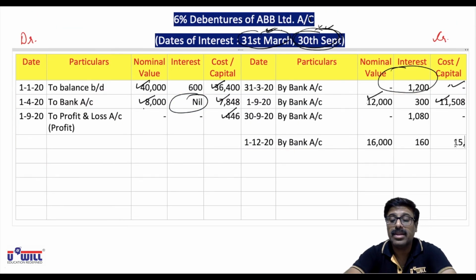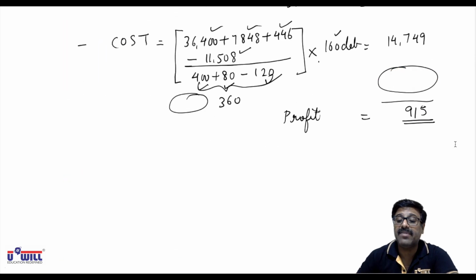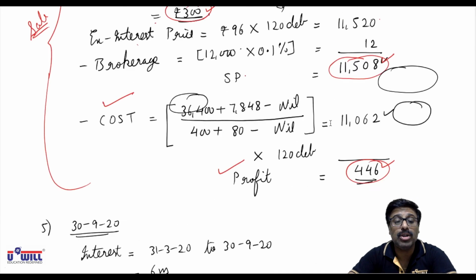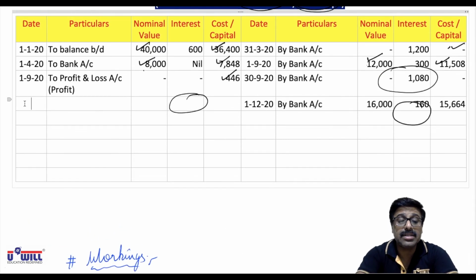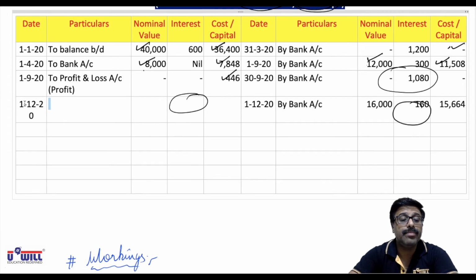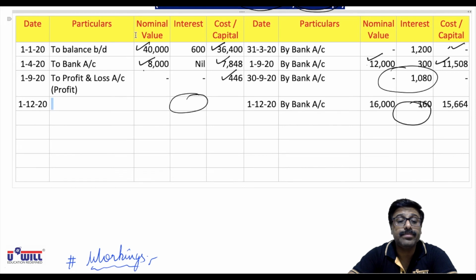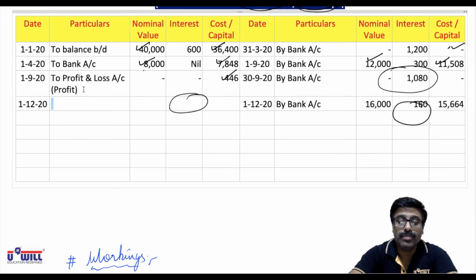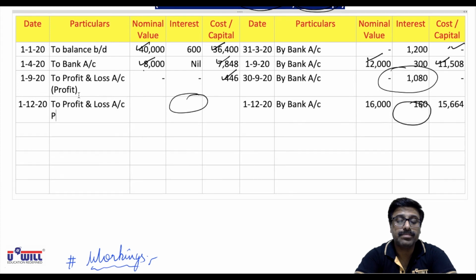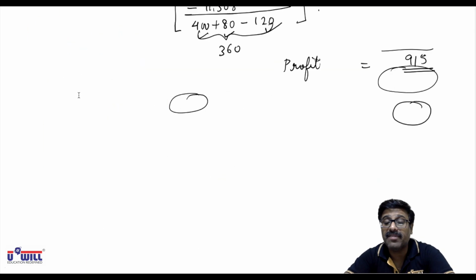15,664. Then profit of 915 will come on the debit side. Okay. So profit of 915 on the debit side. 1st December 2020 to profit and loss account, in bracket again profit, directly in the last column, profit of 915 rupees.